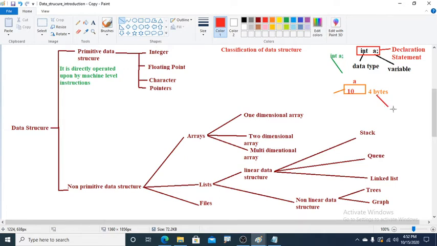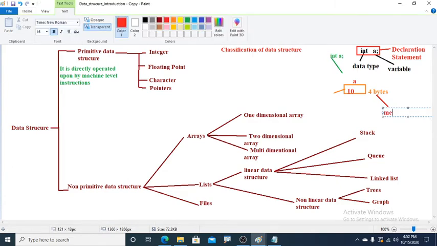It is allocated by the computer, by machine level instructions.